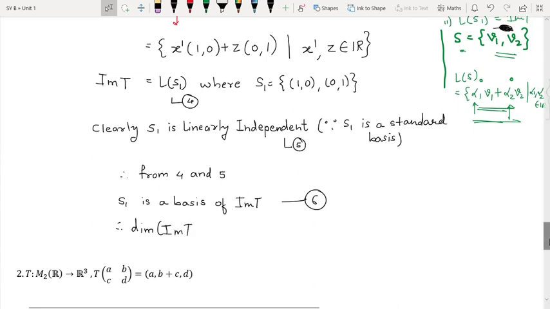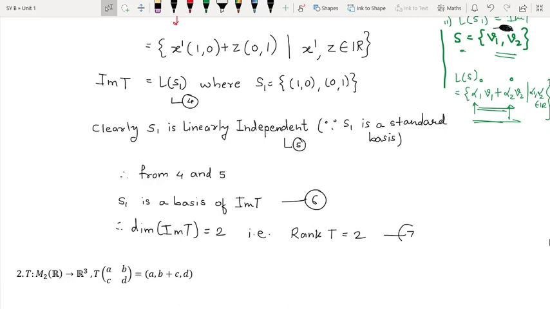Dimension of image of T is nothing but 2, right? Because S1 contains two vectors, that is, rank of T is equal to 2. So I will call it sum 7.